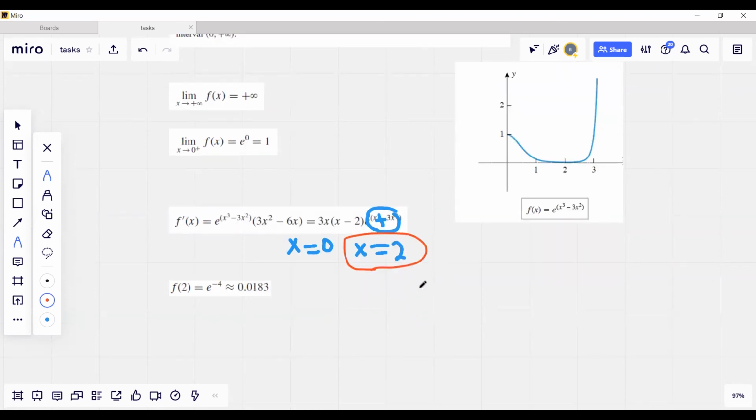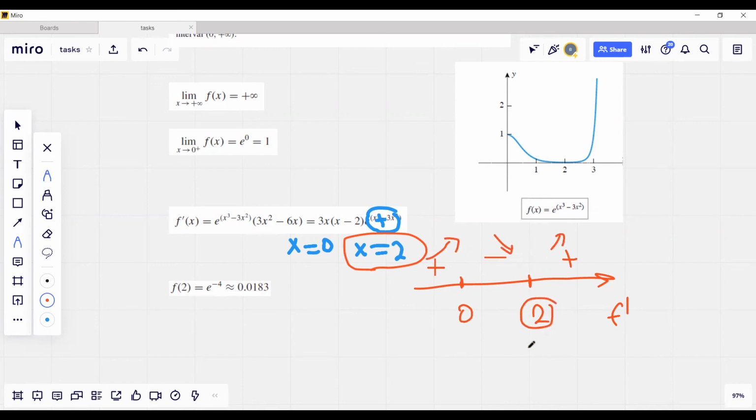To see why this is a relative extremum, we can indicate our critical points 0 and 2 and study the sign of f prime. When we substitute plus infinity, this is positive, positive, positive. These roots have odd multiplicity, so the sign will alternate, meaning that our function is increasing, decreasing, then increasing.